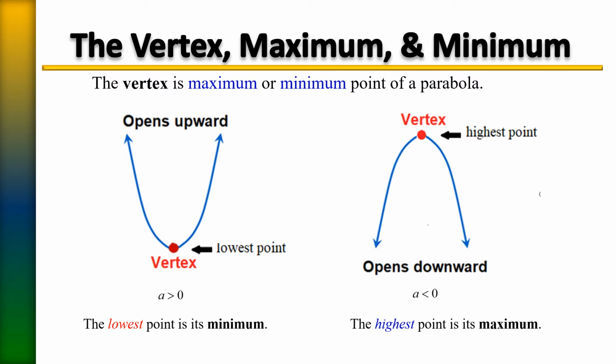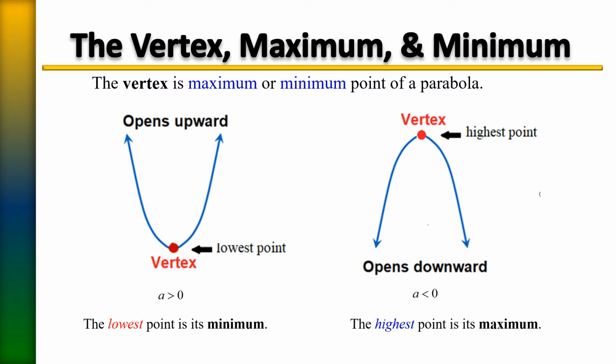If you are given a graph of a parabola, you can easily determine whether it has a maximum or minimum point by simply looking at the shape of the graph. Opening upward has a minimum, and opening downward has a maximum. If you're only given the equation, look at the coefficient of the squared term, a, to determine whether it has a maximum or minimum.